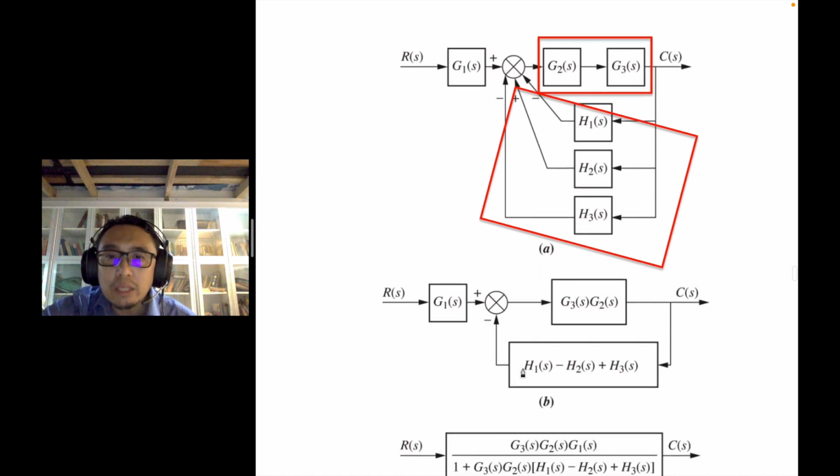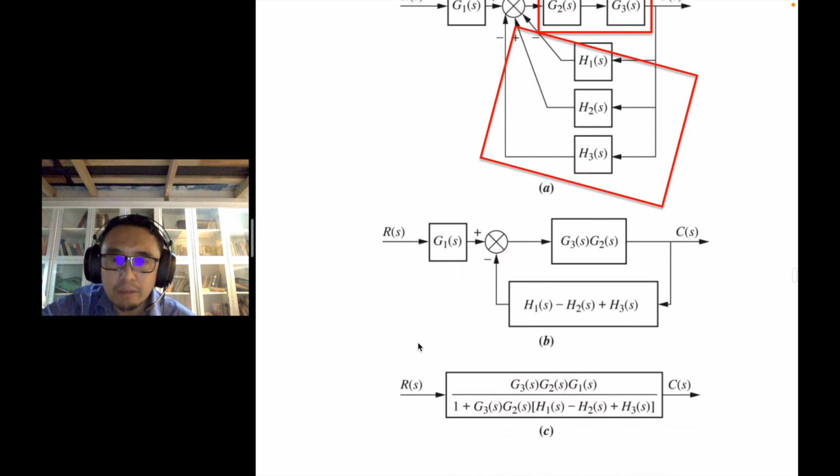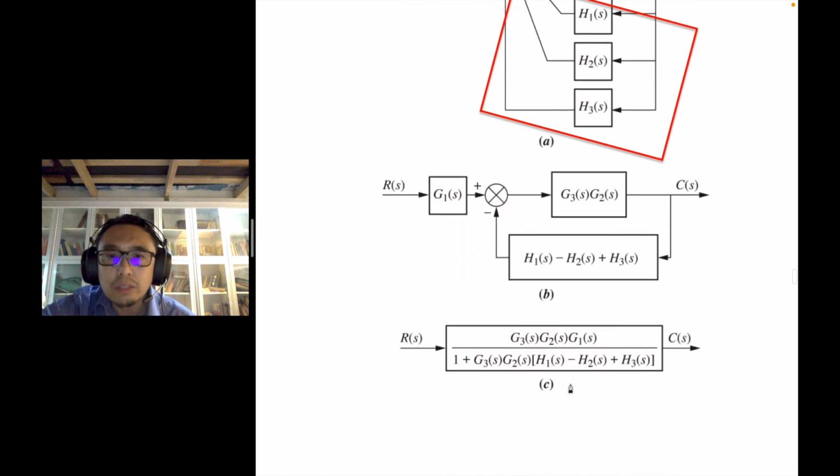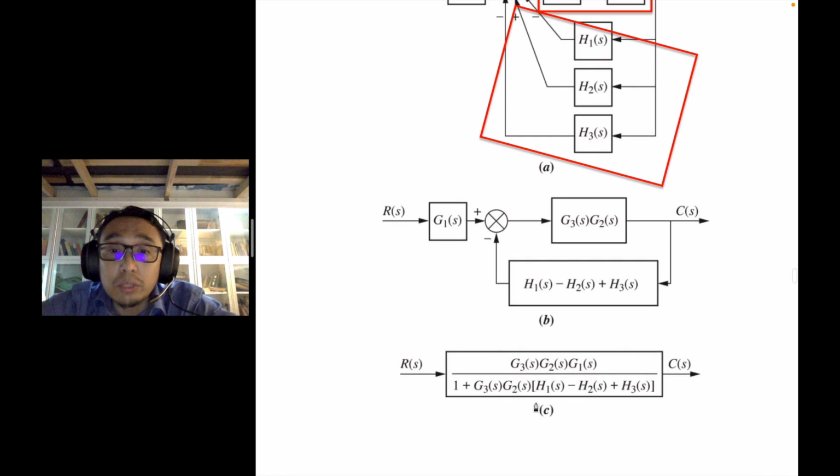So you can see H1 minus H2 plus H3, and finally this part is the feedback form, where the output will just be the forward path over 1 plus the forward times the feedback path, times G1, excuse me. So you would have the overall transfer function as shown here.